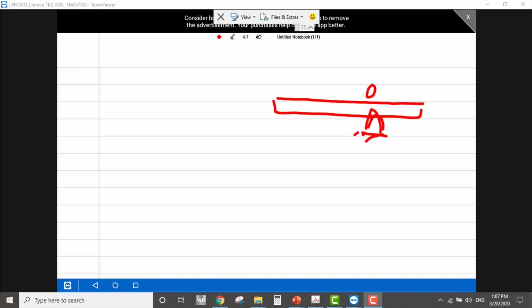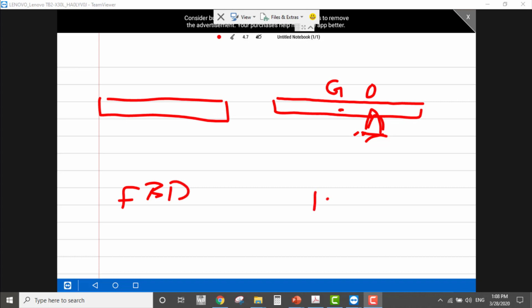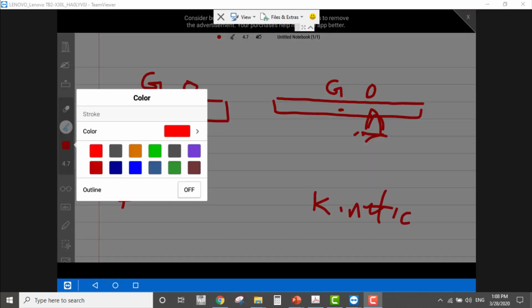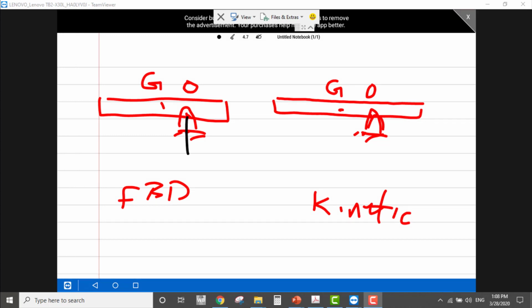So at the point O, and here we have point G. I'll draw two drawings, one for the free body diagram and the other for the kinetic diagram. So here is the fixed point O, and here we have the centroid G. So in the free body diagram, what do we have? We have the reactions OY and OX.